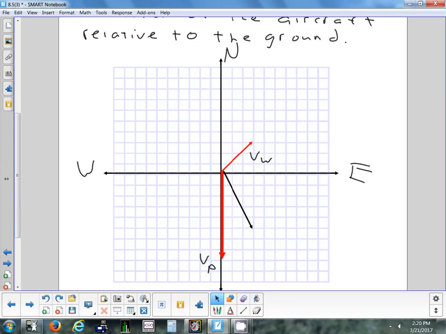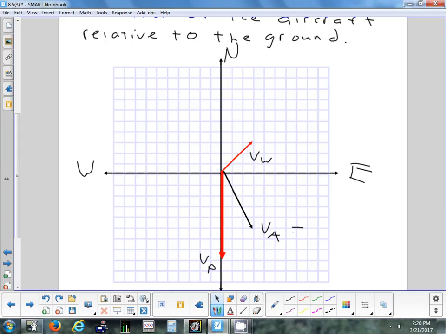The plane would be blown off course a little bit to the east, and it would slow down a little bit. Notice the arrow got a little shorter than it was before. And that would be the V sub a. We could call that the actual velocity vector, taking into account the plane and the wind.